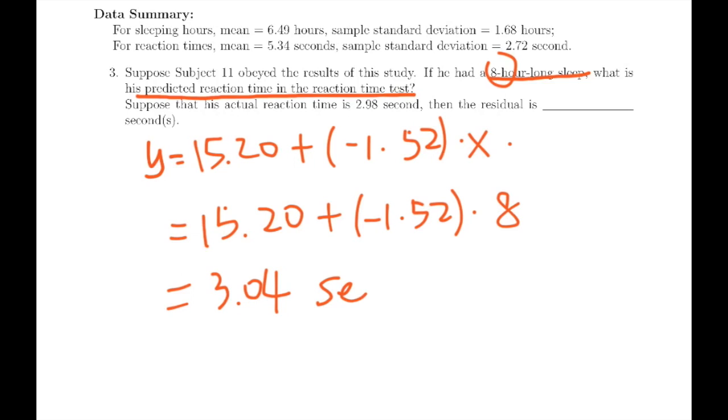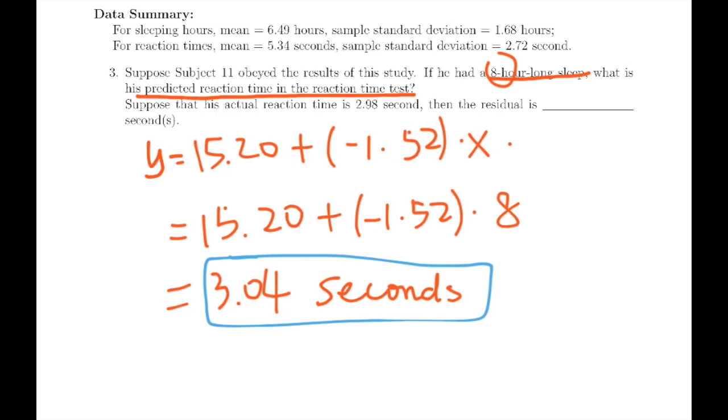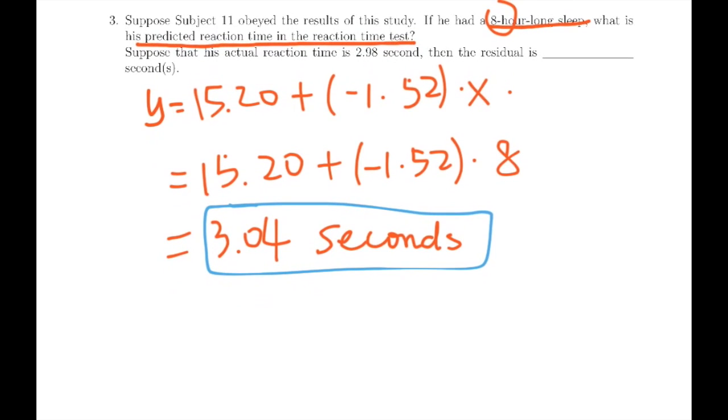So remember to write down your unit, that is seconds. And now suppose his actual reaction time is 2.98 seconds. Then we want to find the residual of this subject 11.